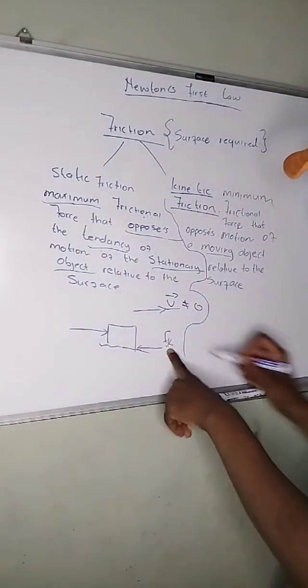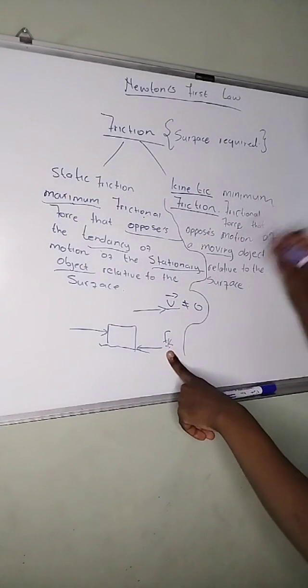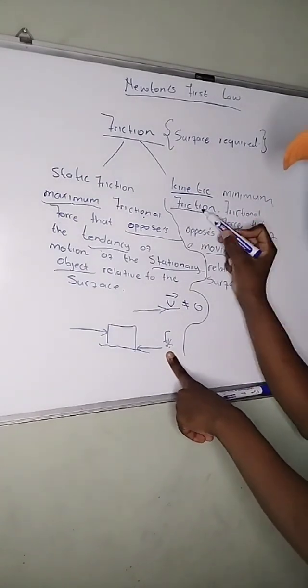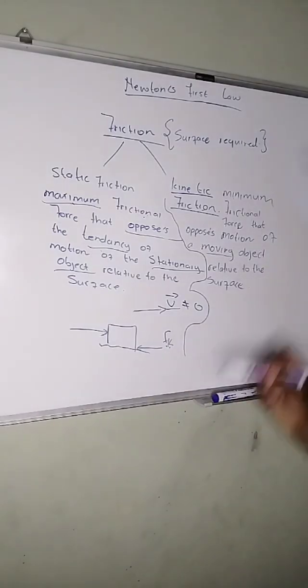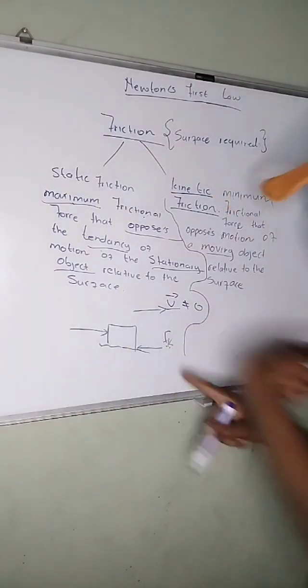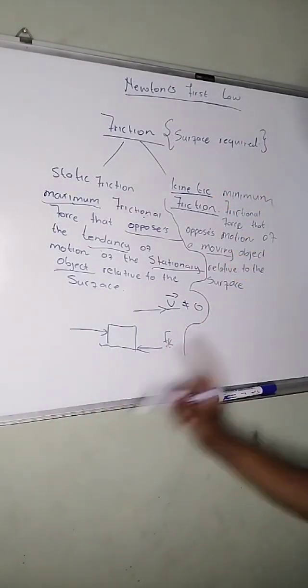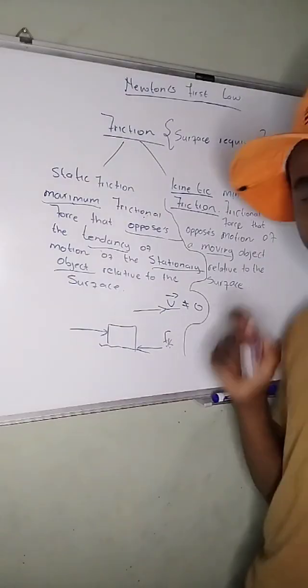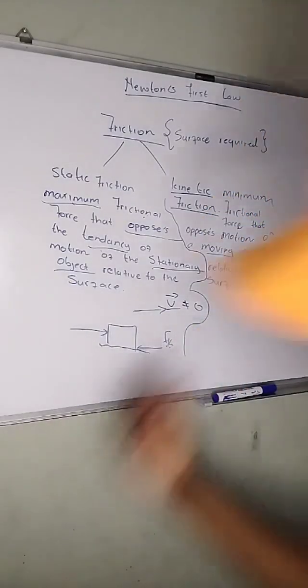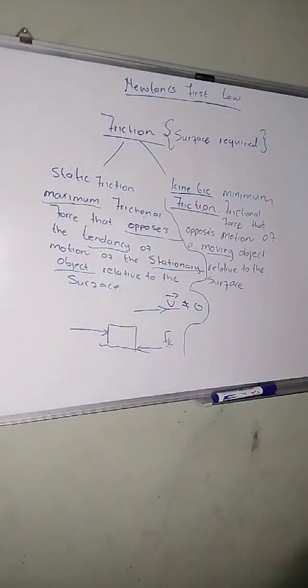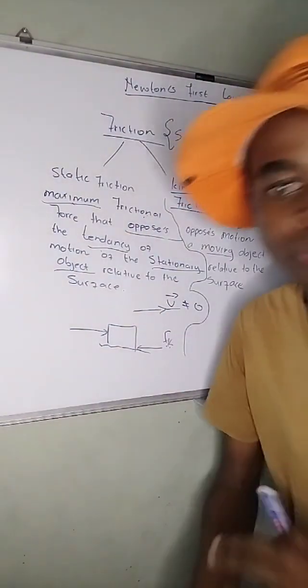Now you're experiencing a kinetic frictional force, the minimum frictional force that opposes the motion of the moving object. The object is now moving, it is experiencing a friction. What do you call this? Kinetic frictional force. I hope I'm clear on that one.